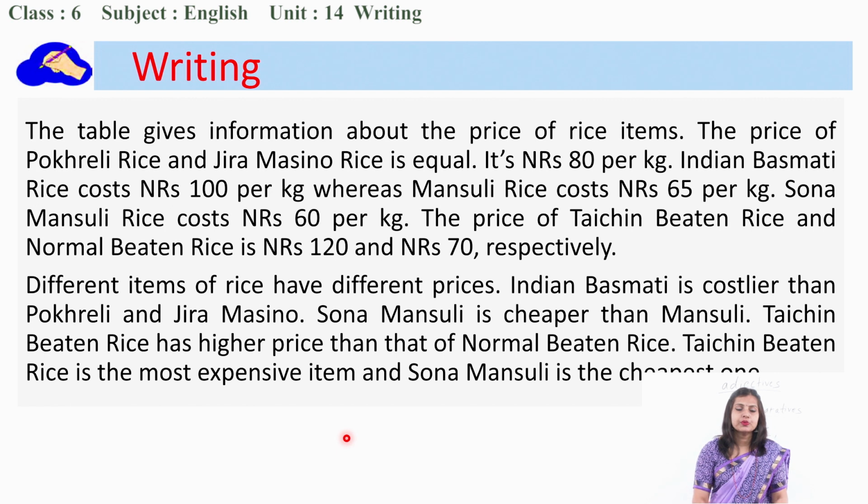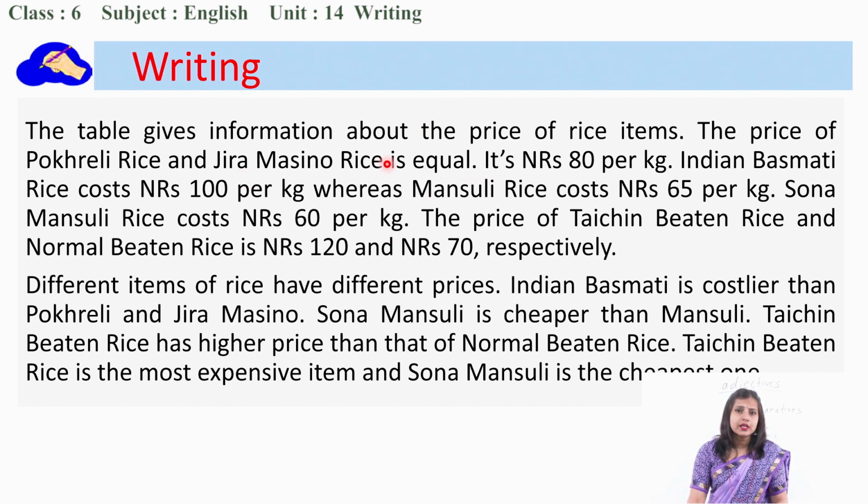Let us read the description here. The table gives information about the price of rice items. Of course, there are different rice items which have been mentioned there, and the price is mentioned of each rice item, right? The price of Pokhreli rice and Jira Masino rice is equal. Pokhreli rice and Jira Masino, they both have how much?